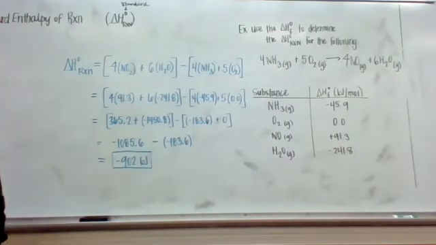Right, when you do that, you should get negative 902 kilojoules. I failed to include units, but they're all kilojoules per mole. So these problems are really this simple. These should be give-me problems. You just plug in numbers, add and subtract.